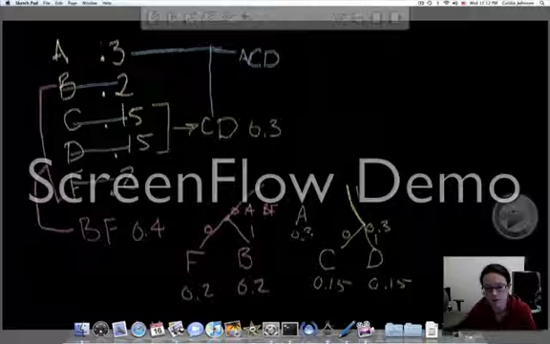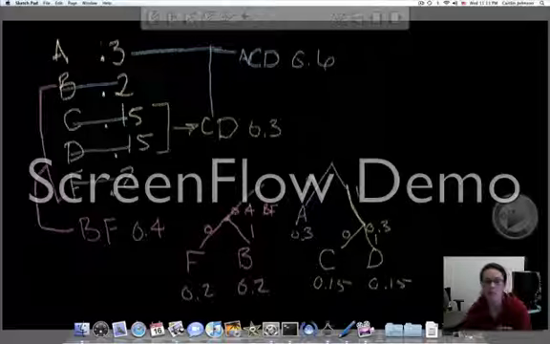The probability of that is 0.3, so A connects up here to CD, and the probability of ACD is 0.6. Now we only have two nodes, ACD and BF, and if we really want to be cute about it, we can make a supernode called ABCDF, but it looks like we have our Huffman encoding.